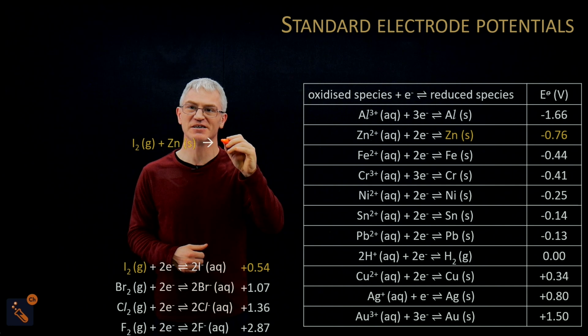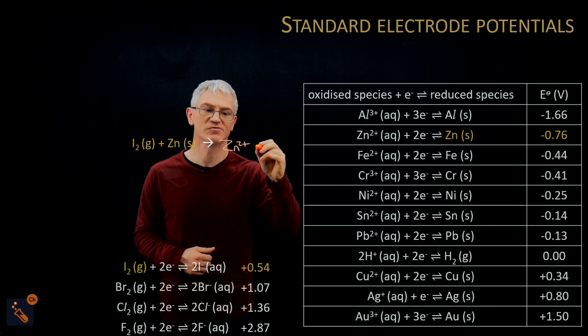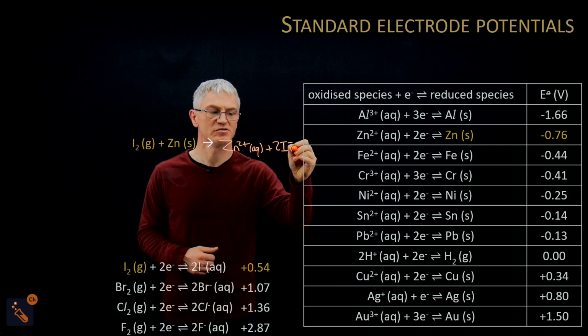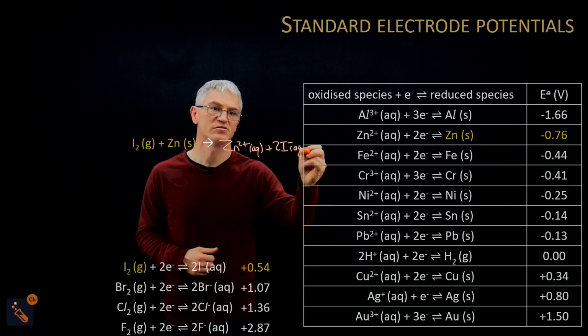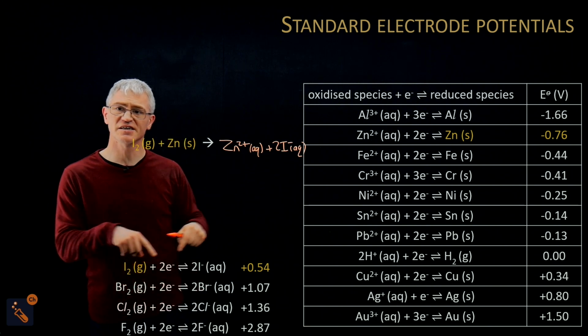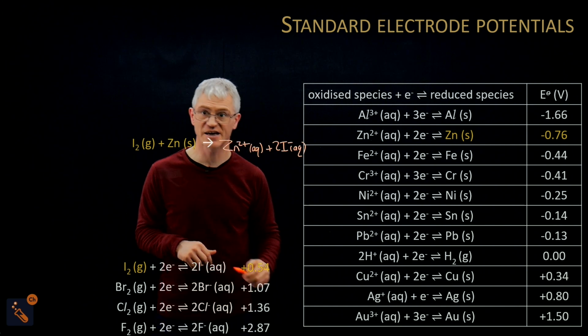Which means basically we can write zinc 2 plus, aqueous, plus 2I minus, which can be aqueous as well. All we've done is taken it and put it over there, and there's 2 electrons there and 2 electrons there, so they have cancelled.